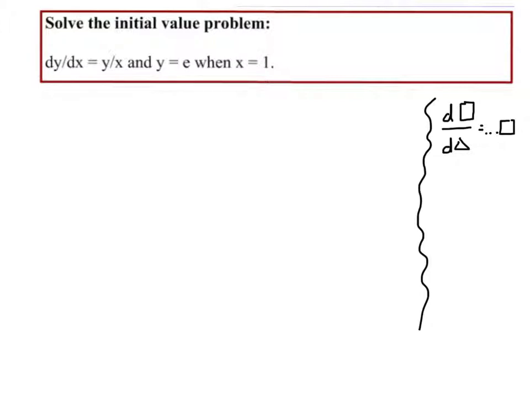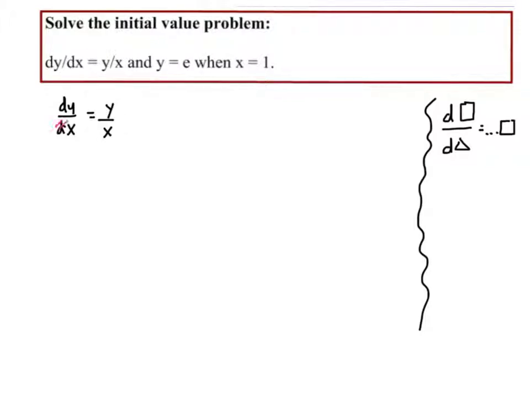So how the square is changing is based on what the value of the square actually is. So here, when we have dy dx is equal to y divided by x, you see that the change in y, right, dy, has to do with what the value of y is. So this is why it's separable.